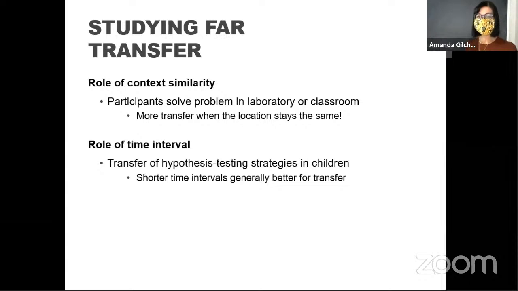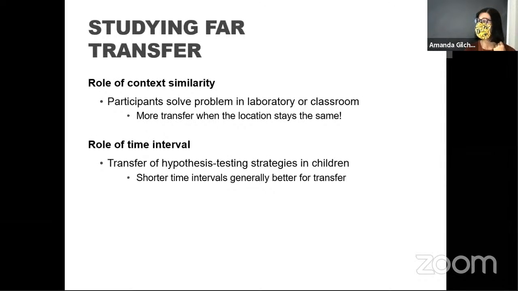So when we study far transfer, it turns out that context similarity really plays a role. Researchers had participants solve problems either in a laboratory or in a classroom location. And much like we saw with encoding specificity, it's clear that there is a memory component here.